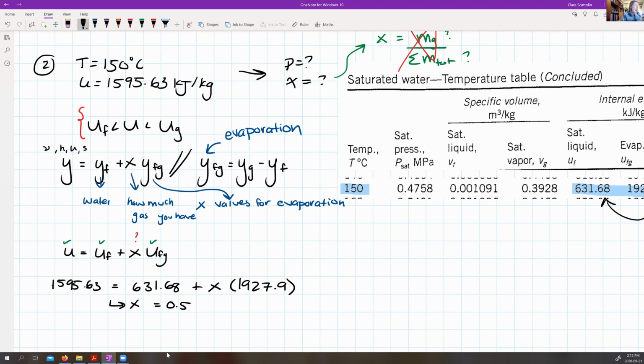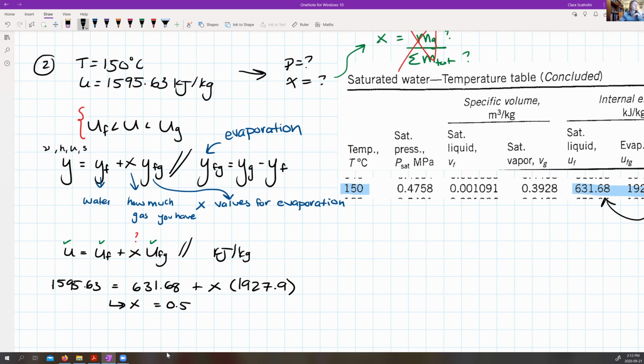Just keep in mind, U has a unit of kilojoules per kilogram. And X is unitless. It's a ratio, right? So X is equal to 0.5.